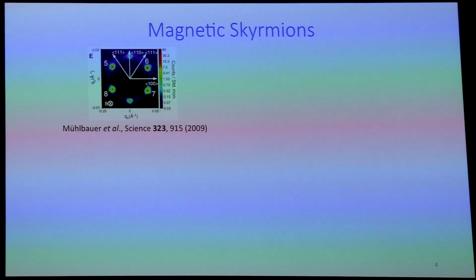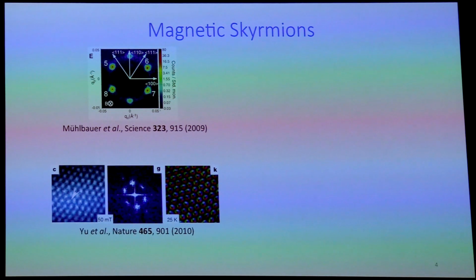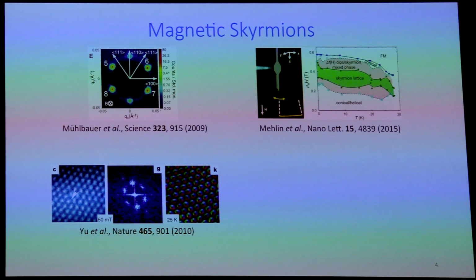Magnetic skyrmions have been observed experimentally in bulk chiral magnets using neutron scattering. But that was not enough. So then they performed Lorentz transmission electron microscopy to reveal their structure in real space in thin films of chiral magnets. They have also been detected experimentally in nanowires using cantilever magnetometry.